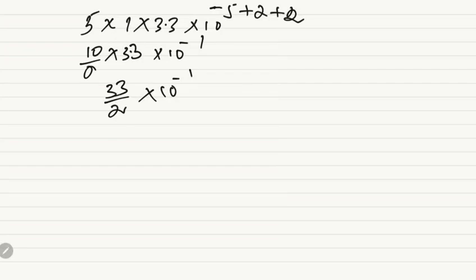Then 33 over 2 is 16.5 times 10 to the power of minus 1. So this is equal to 1.67 ml. Centimeter cube is better for solids actually, so this is centimeter cube, or you can say ml.